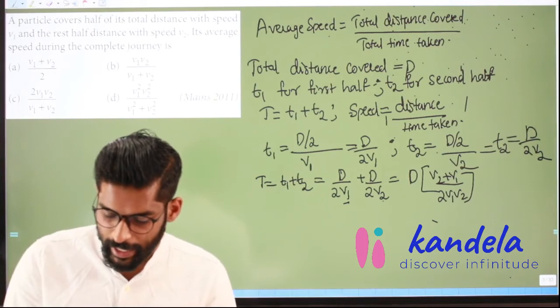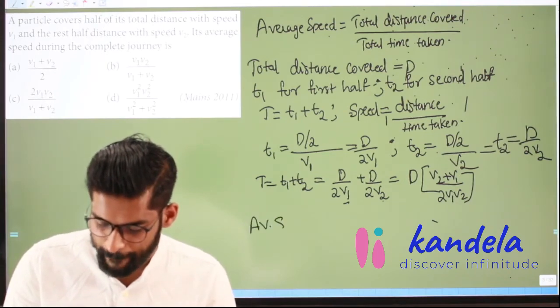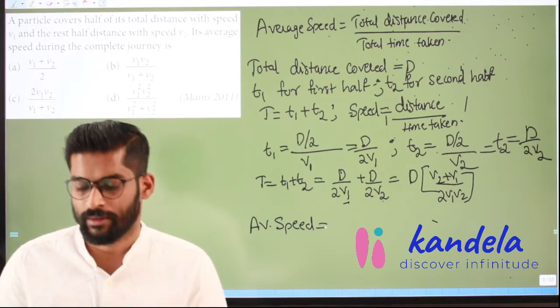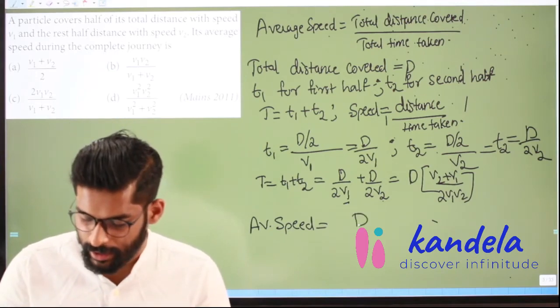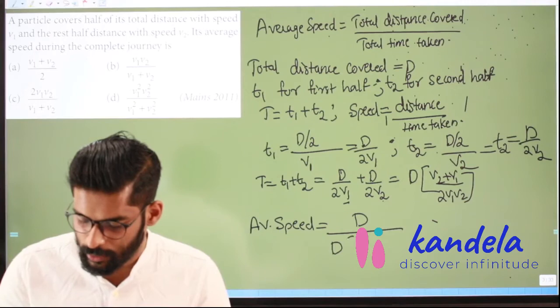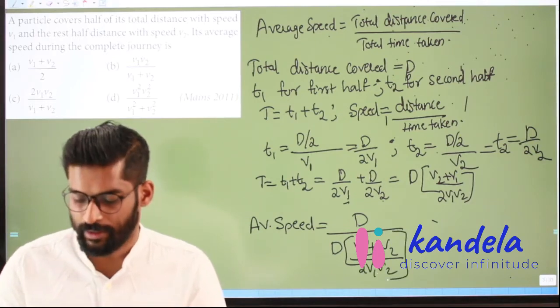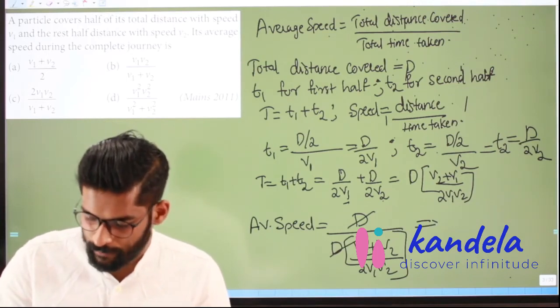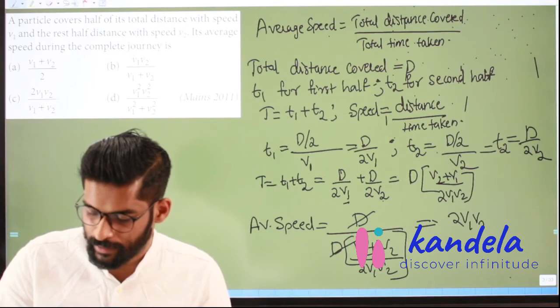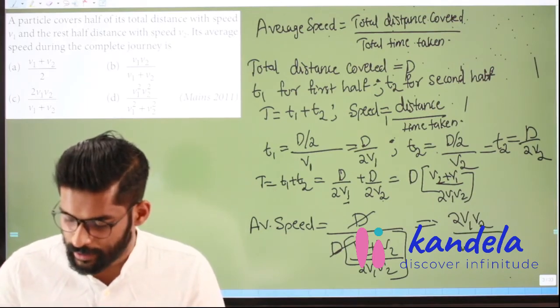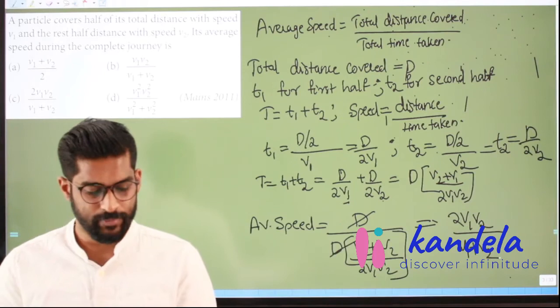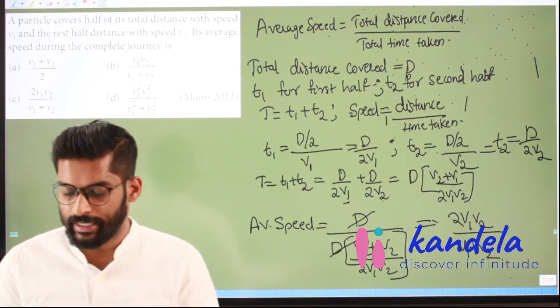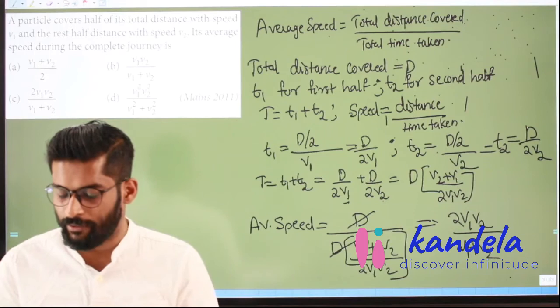So I will get my average speed as d divided by d into (v2 plus v1) divided by 2v1v2. The d will get cancelled, so my final answer will be 2v1v2 divided by v1 plus v2.